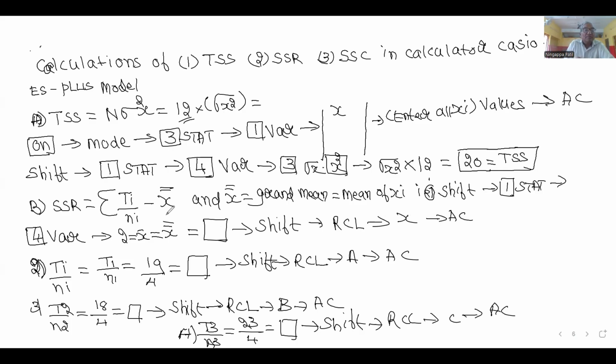Now look here, my dear students, you got this value. Now, Ti upon Ni means 3 values are there in Ti.